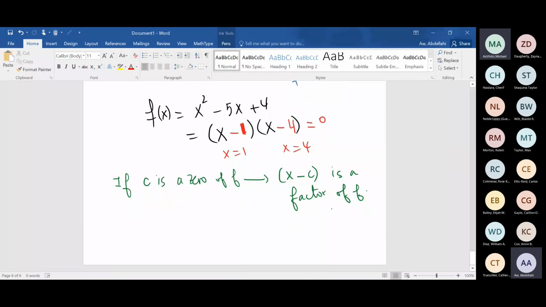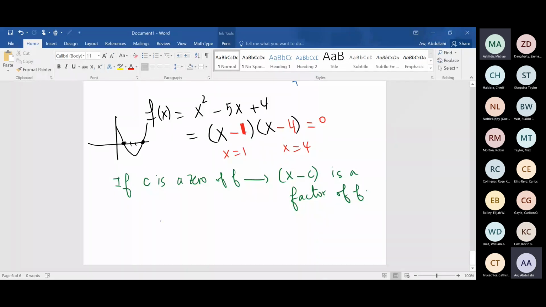Let's say I want to graph my parabola right here, x squared minus 5x plus 4. If I want to graph it, f of 1 is 0 and f of 4 is 0. My parabola will look like this. These two zeros, for the graph, what do we call them? x-intercepts.